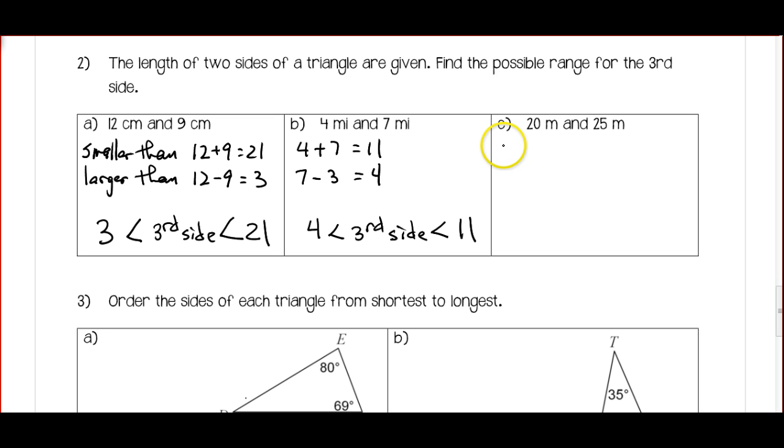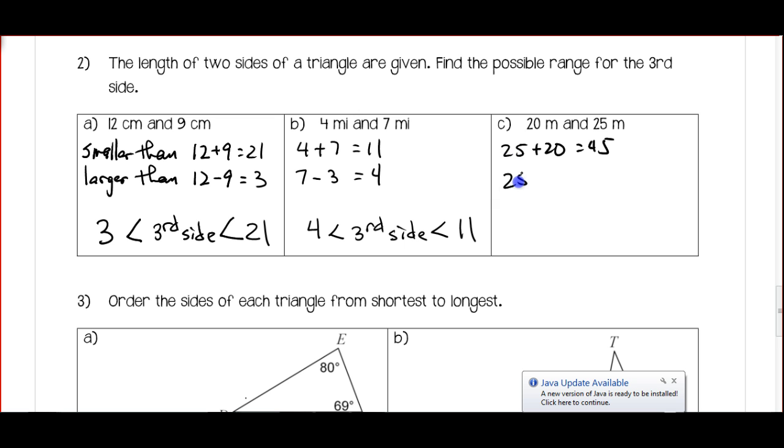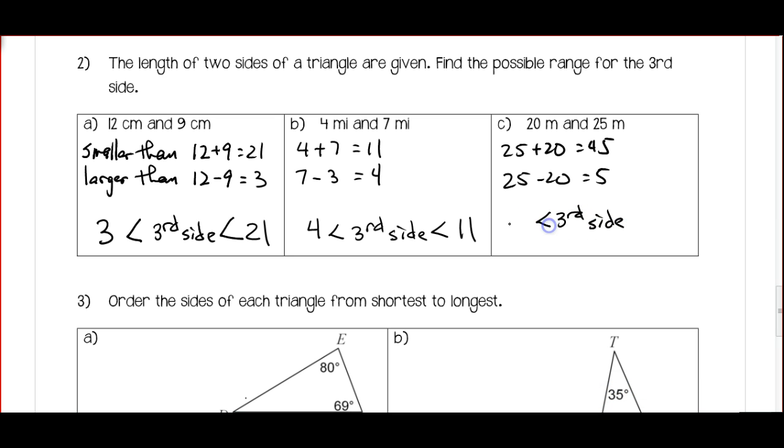I know that it has to be smaller than 25 plus 20, which is 45, but it has to be larger than 25 minus 20, which is 5. So my third side has to be between 5 and 45. Okay, now it can't equal 5 or 45 because then the sum of the two smaller sides wouldn't be greater than the third side, but it can be between them.